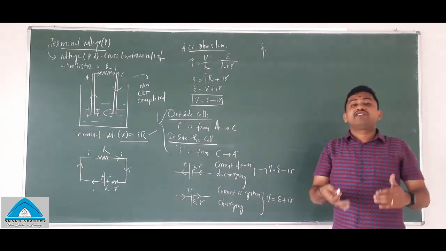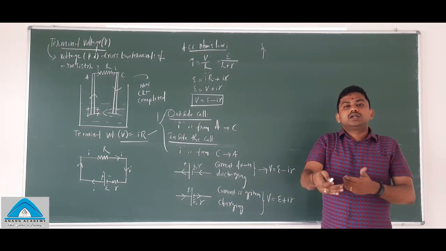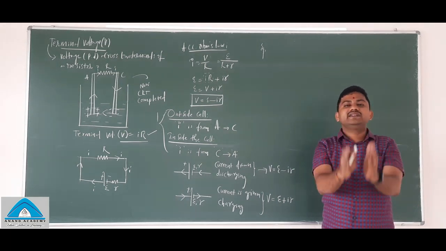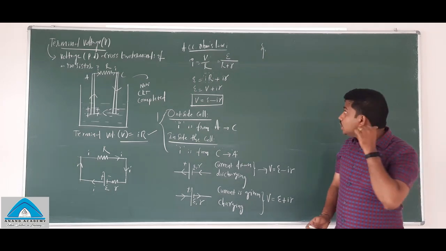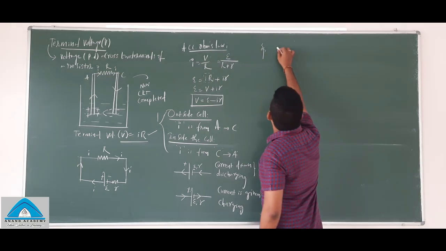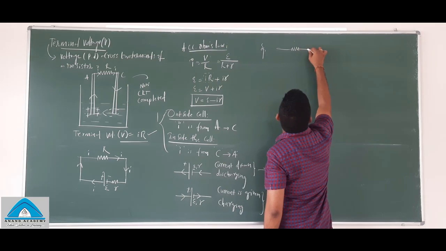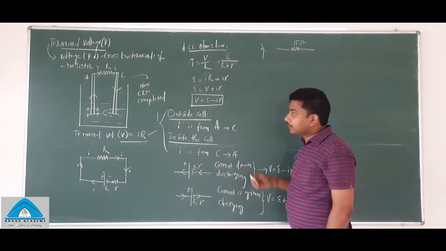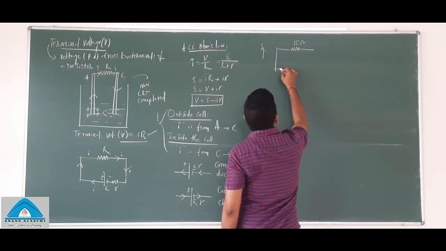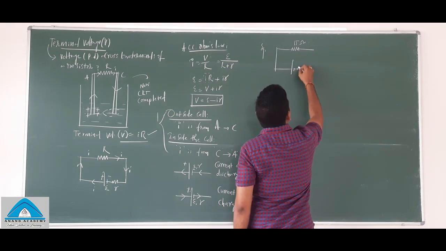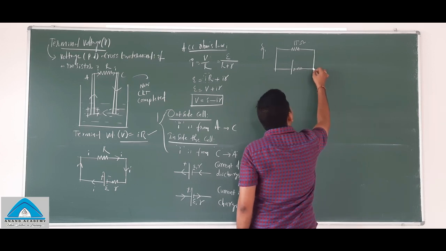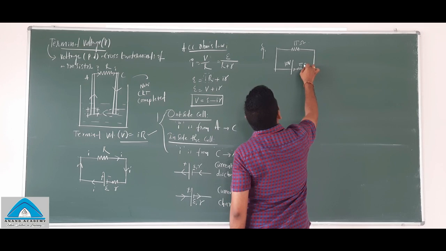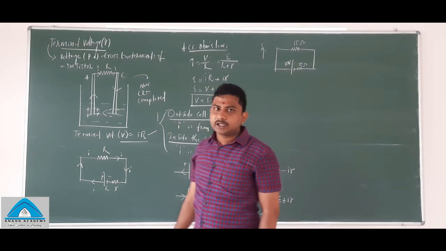We have not entered the actual concept of the cells. We are just discussing the introduction about the cell and the basics. So now let us see the example here. There is an external resistance of 15 ohm kept here, and there is a cell of EMF 10 volt and internal resistance 5 ohm kept here.